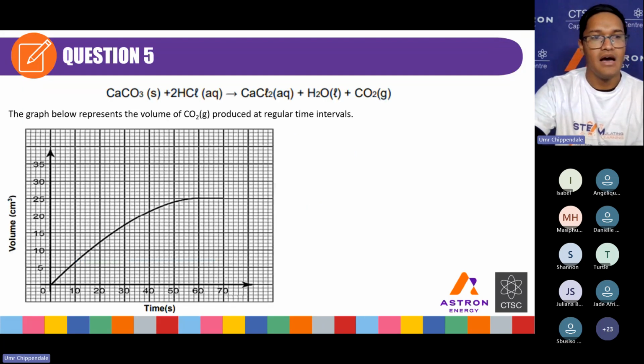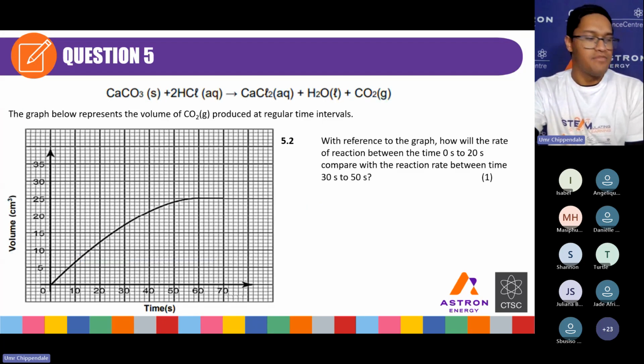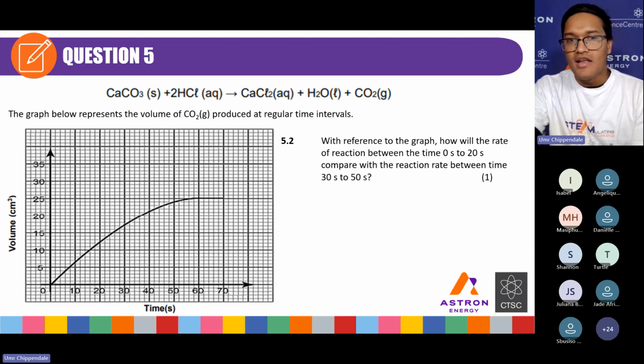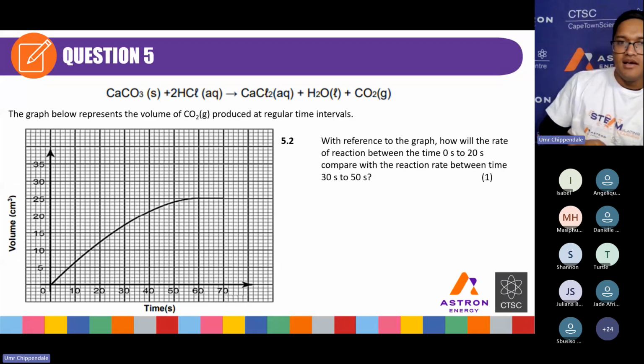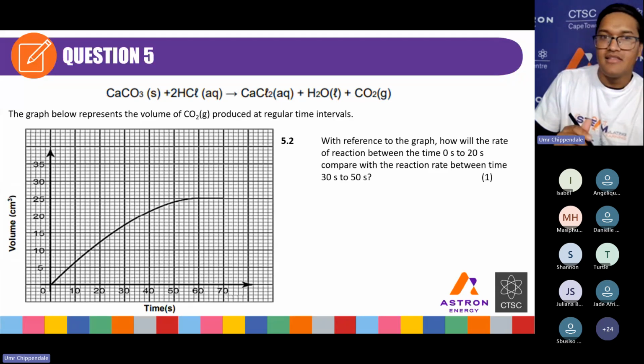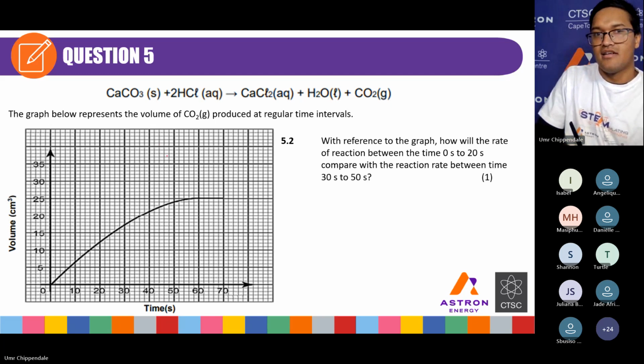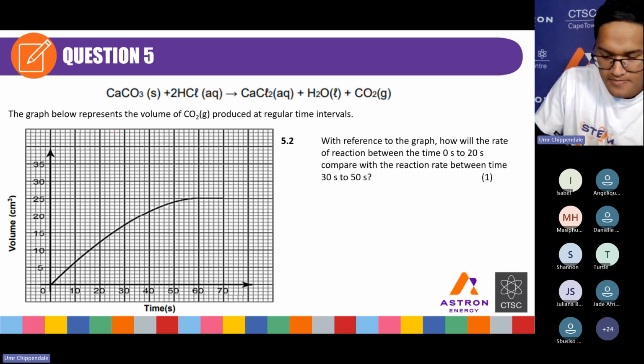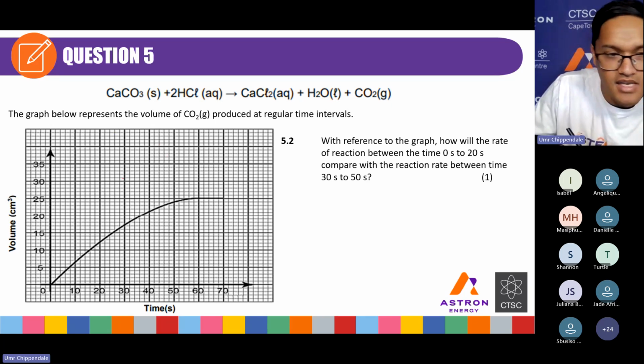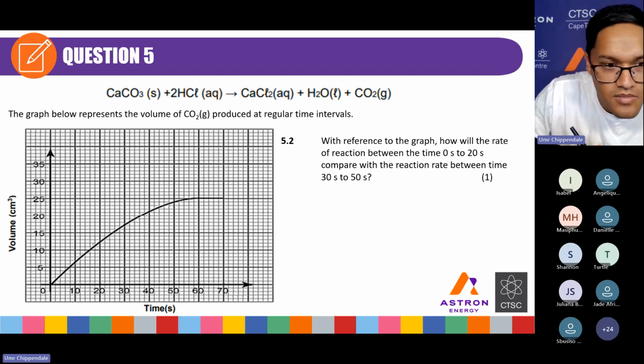Perfect. Now, moving on. 5.2. With reference to the graph, how will the rate of the reaction between time 0 seconds and 20 seconds compare to the reaction rate between 30 and 50? So between 0 and 20, there's a marker.